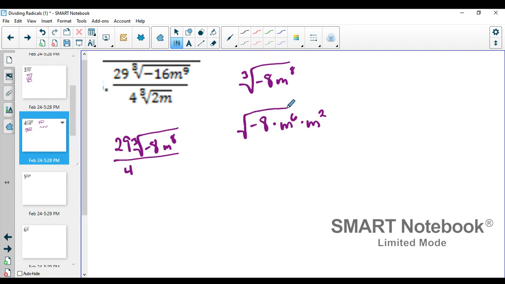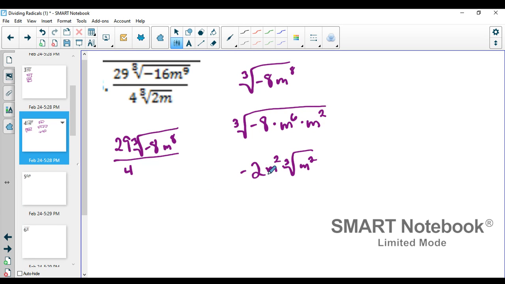And that's still all under the cube root sign. So the cube root of negative 8, which we've already discussed, is negative 2. And then 6 divided by 3 is 2. So we have m squared. And then 2 divided by 3 is not a whole number, so that m squared is going to stay underneath the cube root symbol.